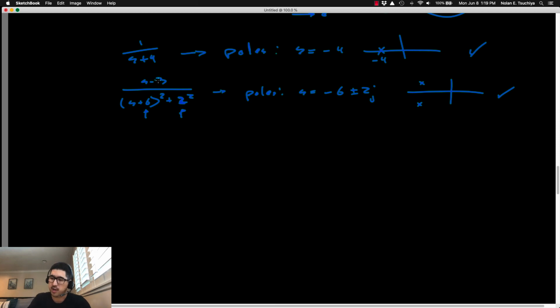You might say, well, actually in this transfer function, I have a zero, and the zero is actually at s equals positive 3. So in addition to this pair of poles at minus 6 plus or minus 2j, I've got a zero at positive 3. Isn't that going to be unstable? Well, no, because remember, the zeros don't impact the stability of the transfer function.